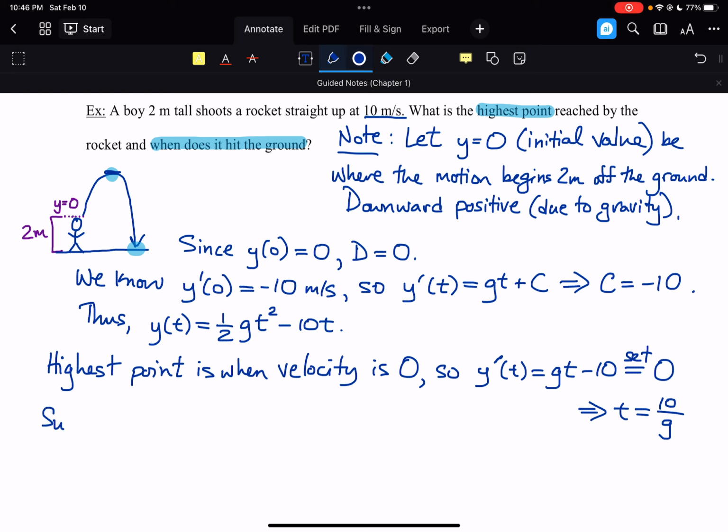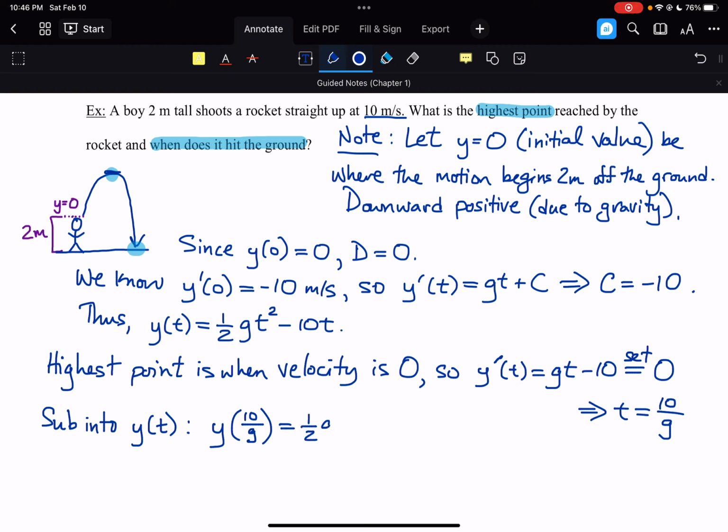So we're going to sub into y of t. So we get y of 10 over g.